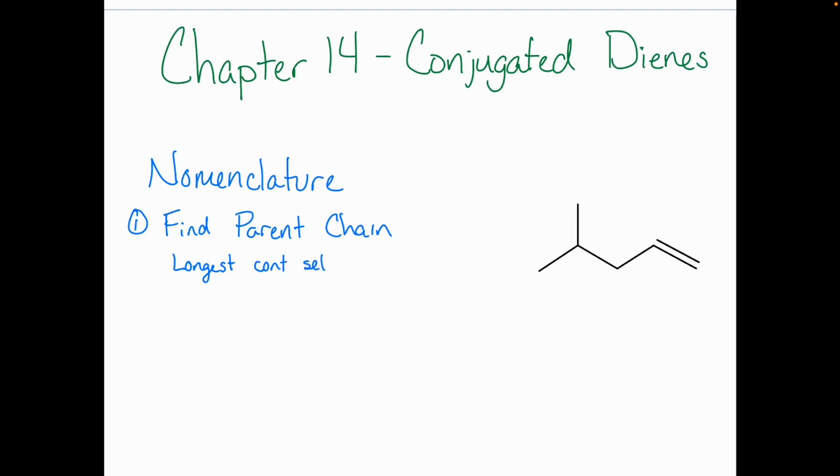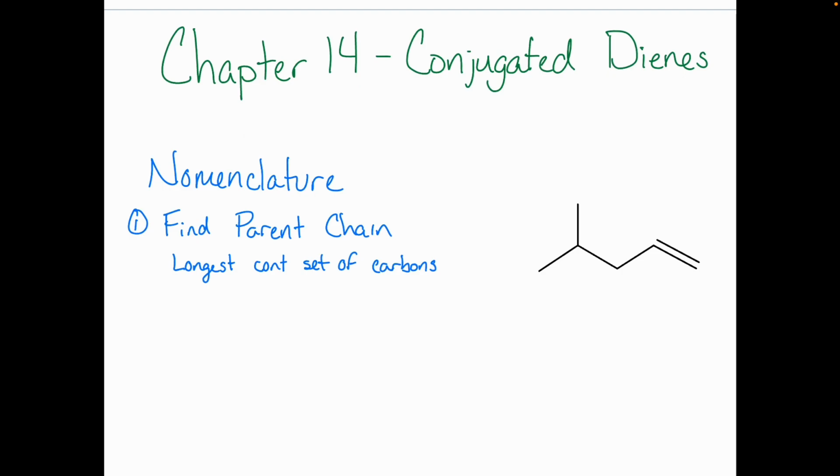Remember, when we started introducing our functional groups, for example our double bond, we're looking for the longest set of carbons with the one stipulation that it must contain that functional group, that double bond.